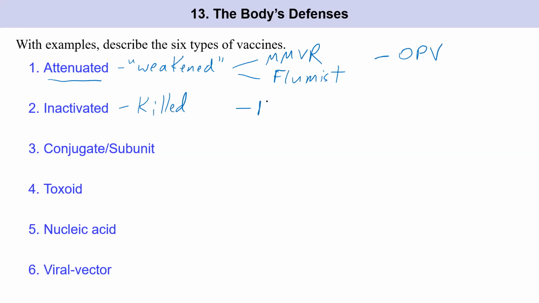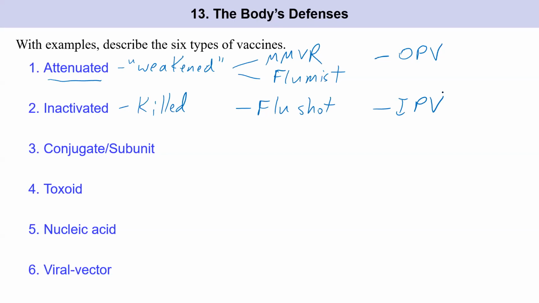Examples would be the flu shot. This is the one that you're getting in your arm, and it's a killed version of the flu virus. It's chemically deactivated, and then it's part of the vaccine. The other one is the injectable polio vaccine, which is also a killed viral vaccine.